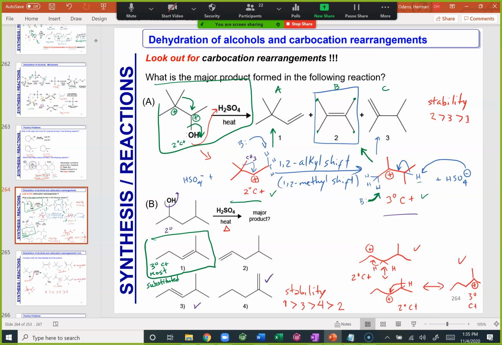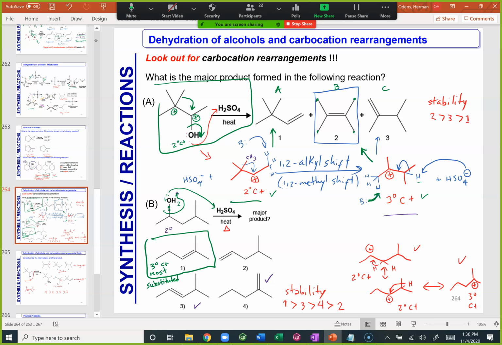All right, so let's figure that one out. I drew that here. The first step is that the OH grabs the H from the sulfuric acid, makes a water molecule that leaves. This water plus will leave. When it leaves, it takes both electrons from here.